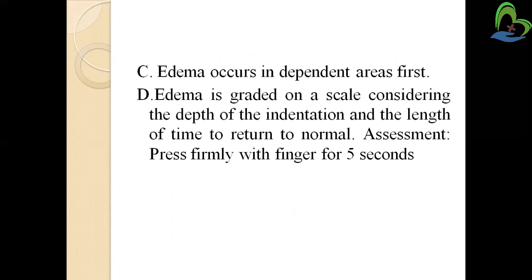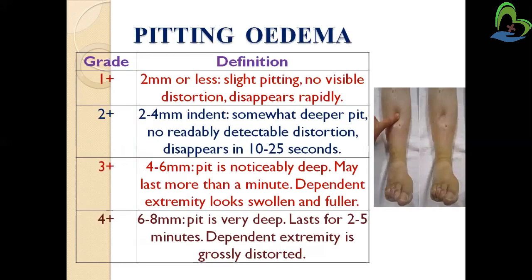Edema is graded on a scale considering the depth of the indentation and the length of time to return to normal. For the assessment, we press firmly with a finger for 5 seconds. So this is the pitting edema grading scale. Grade 1 is +1, 2 mm or less, slightly pitting, no visible distortion, and it disappears rapidly.